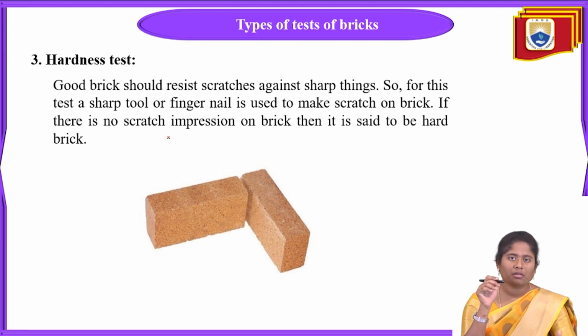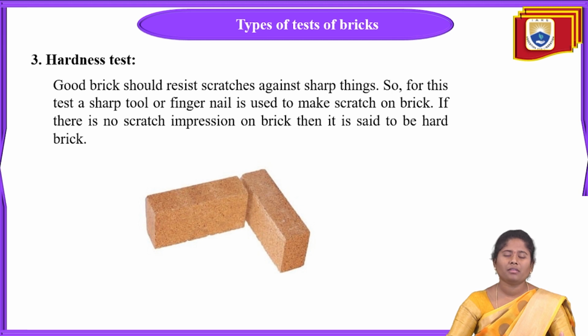If after scratching the impression is clearly seen, that brick cannot be used for the construction process. If there is no scratch impression, it can be called a hard brick, and it can be used for the construction process.